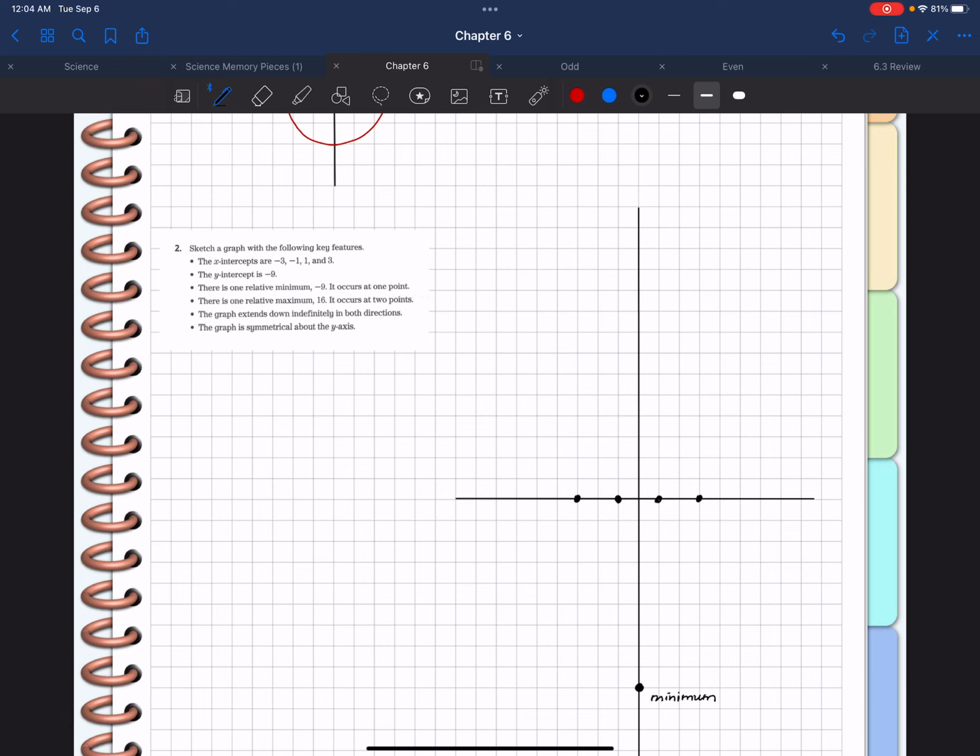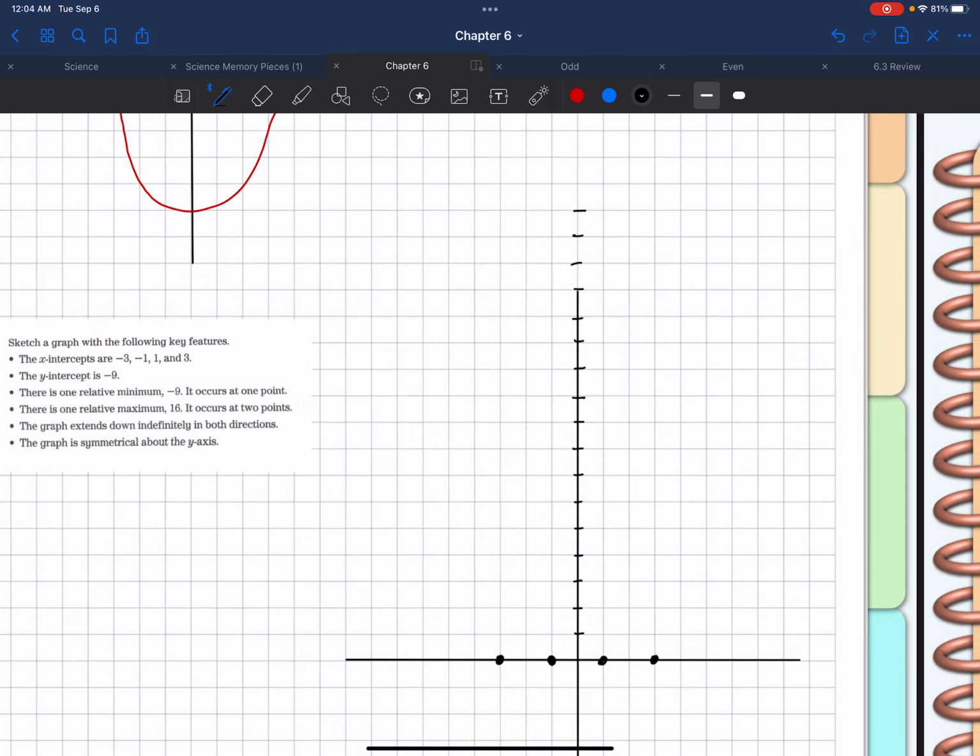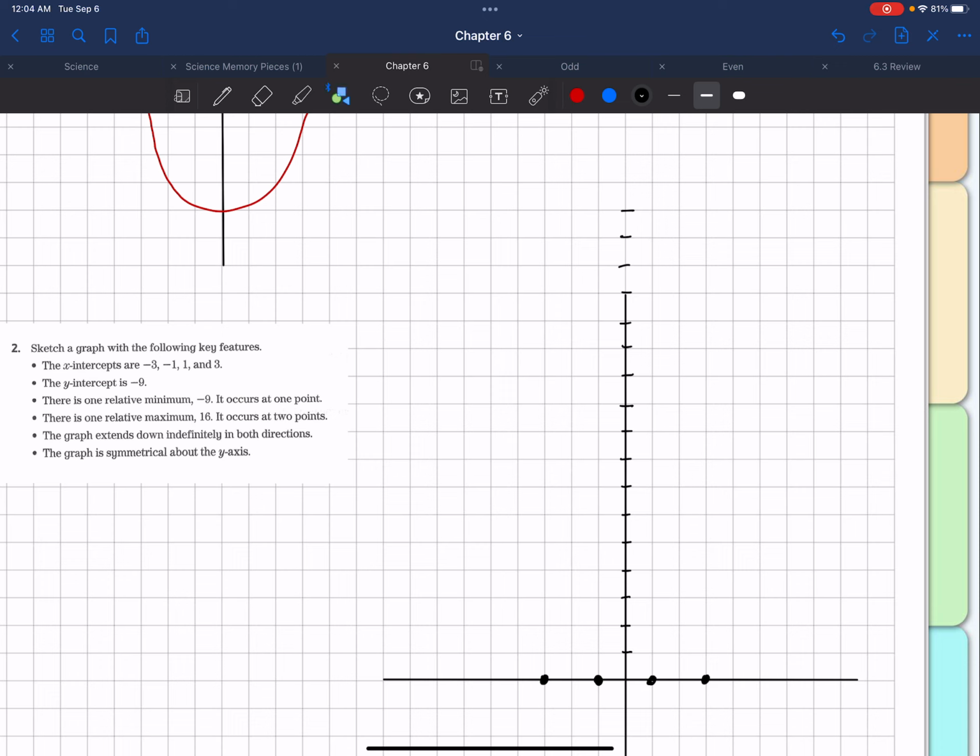Okay, so let's go ahead and mark. There's 1, 2, 3, 4, 6, 7, 8, 9, 10, 11, 12, 13, 14, 15, 16, 17. So let me extend this just a bit to meet that requirement. Now, it doesn't say it's an intercept. It just says it's a maximum, and it occurs at 2 points.